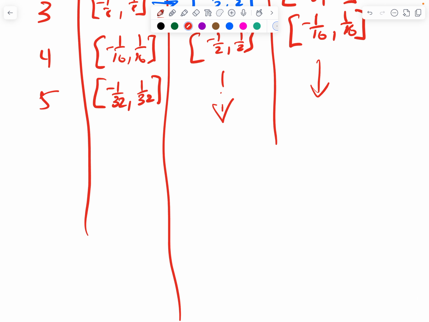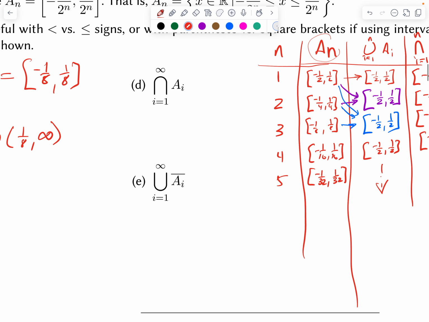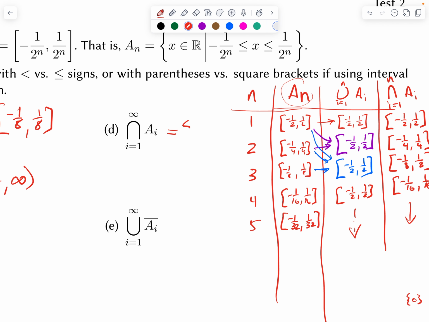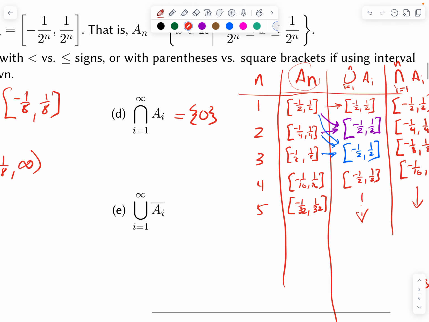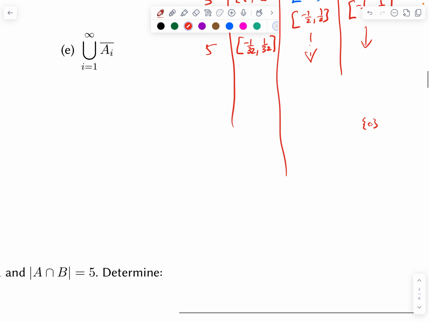And so the limit here is going to be the number 0, because that's the only element that is in every one of the A sub i's. If you tell me a number that you think is in there, let me prove this. Proof.